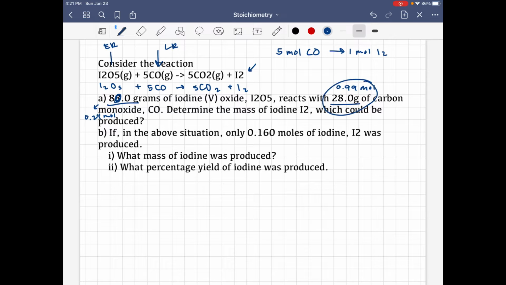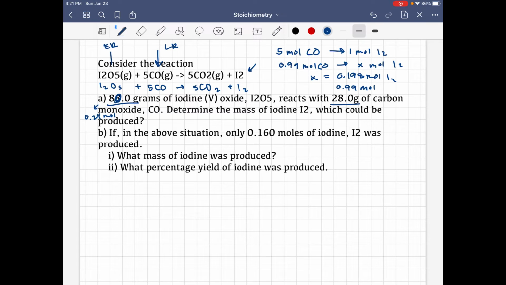They give us this much, so we need to find how much I2. So X moles of I2. When you do that, X equals 0.198 moles of I2. So that is the number in moles.